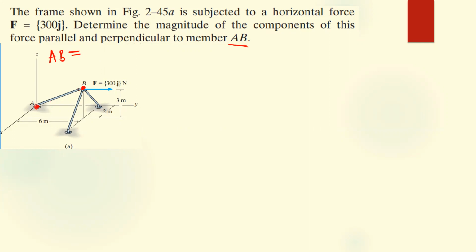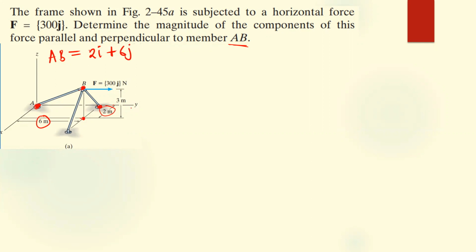The x coordinate of B, from that point to that point, when you look at that distance it's 2. It's directed along the positive x, so it's positive 2i. Then in the y, from that point to that point, this distance is 6, also in the positive y, so this would be 6j.